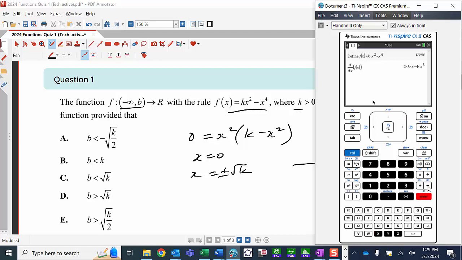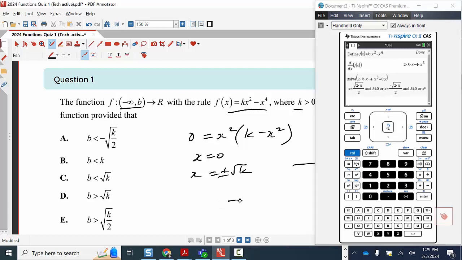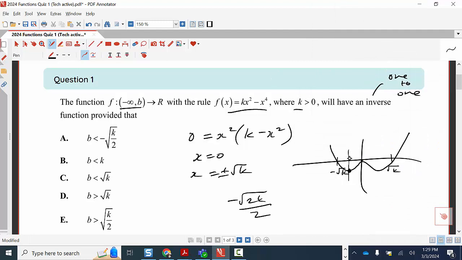Then I'll just get the x value of the turning point, so I'm going to do a solve, and c equals 0 for x. And what we've got here is, we're interested in this value here, negative root 2k over 2. That's the one that will be this x value here.